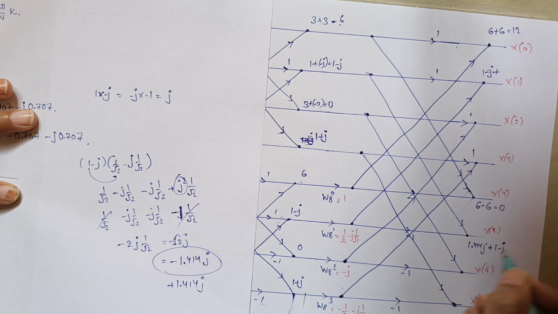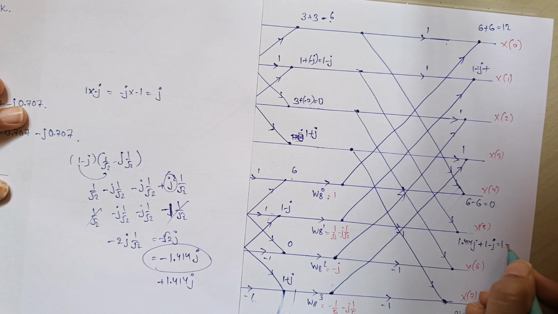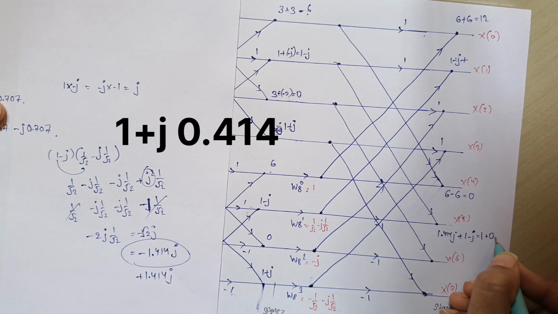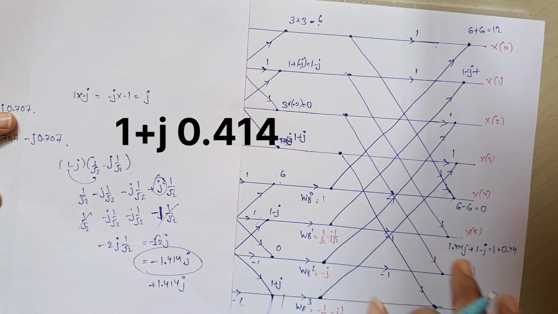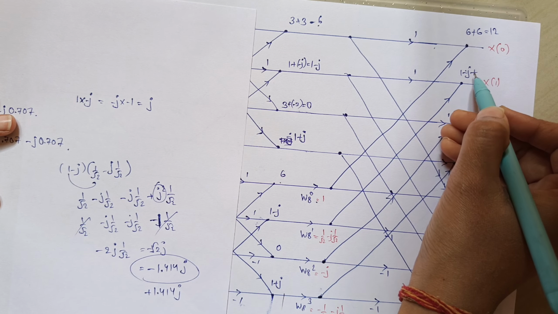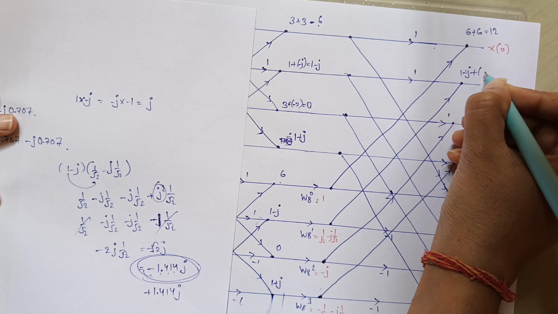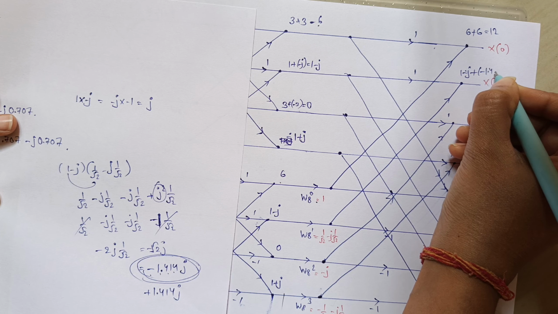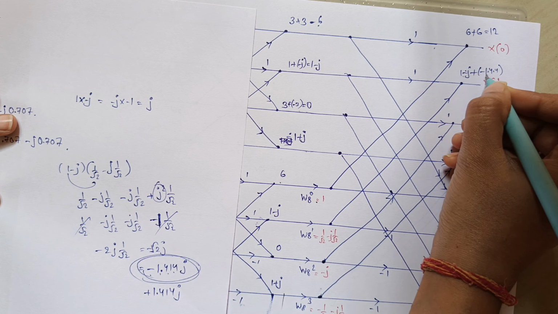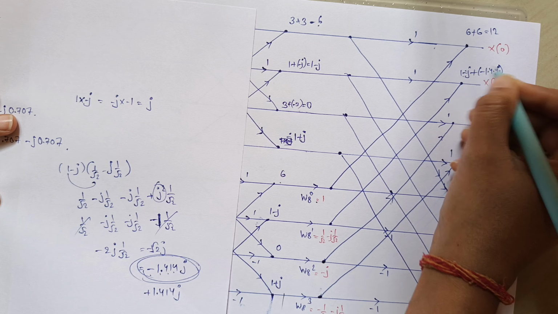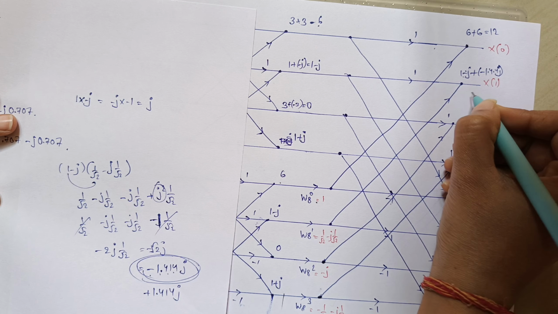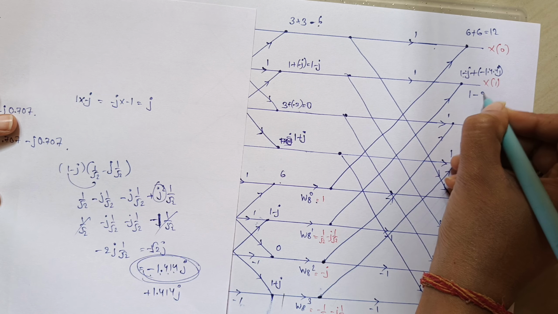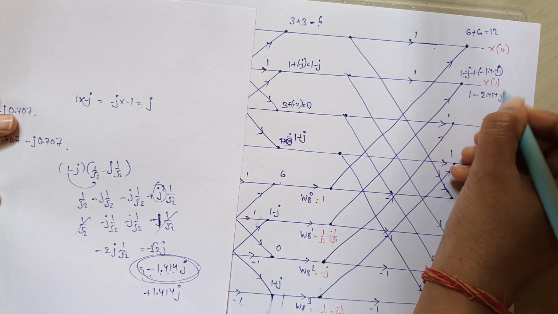We will get 1 and plus 0.414, right? I hope you got this. And on this side, here we got minus 1.414. So this is minus, and we have j, so these both will get minus 2.414, and the final value will be 1 minus 2.414 j.